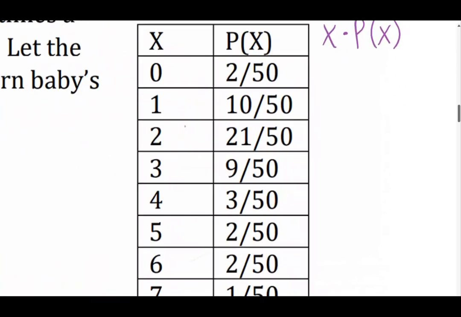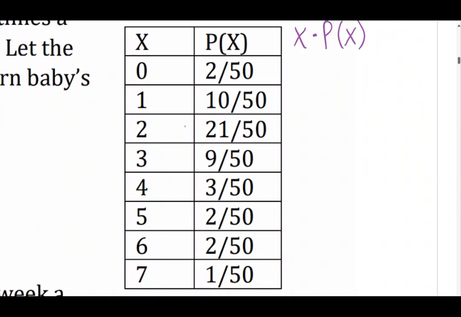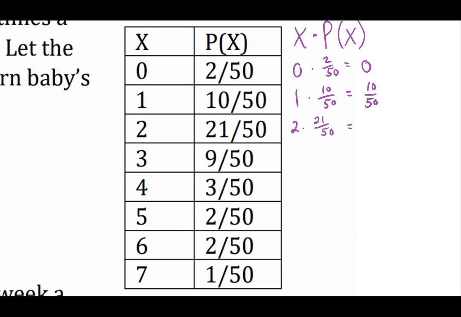So let's zoom in on this. To find x times p of x, we will do 0 times 2 over 50, which is just 0. 1 times 10 over 50, which is just 10 over 50. 2 times 21 over 50, which equals 42 over 50. 3 times 9 over 50, which is 27 over 50. 4 times 3 over 50, which is 12 over 50. 5 times 2 over 50, which is 10 over 50.